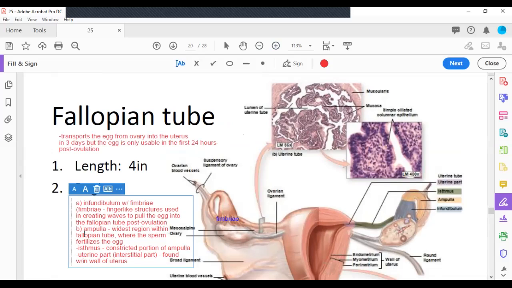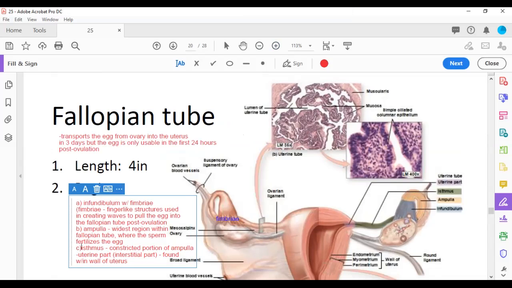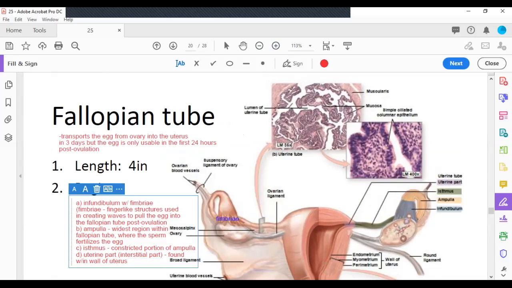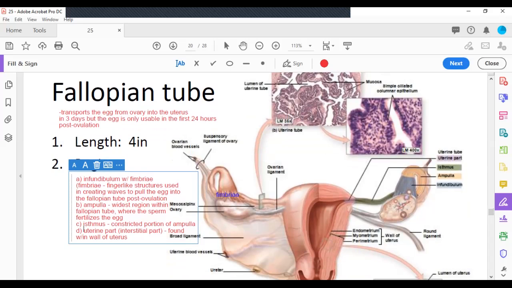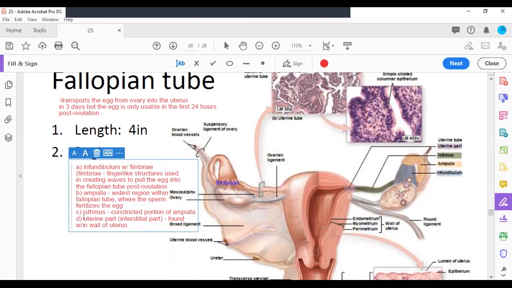It's the widest portion of the fallopian tube. The isthmus is the constricted portion of the ampulla. And the fourth one is known as the uterine part, or interstitial part, which is found within the wall of the uterus. So we have the fallopian tube. Done. Let's move on to the next one.